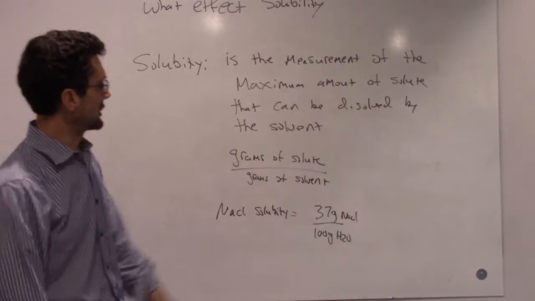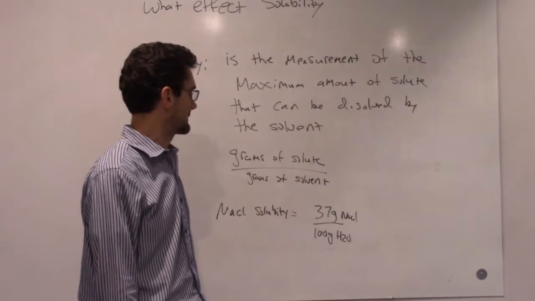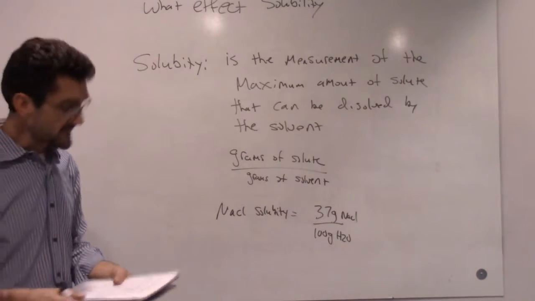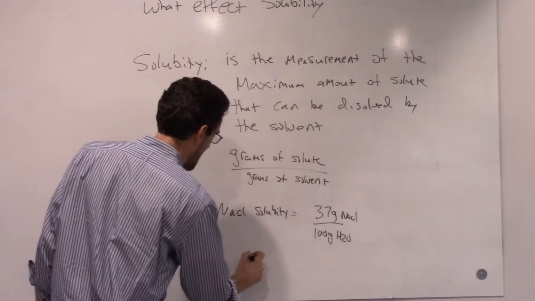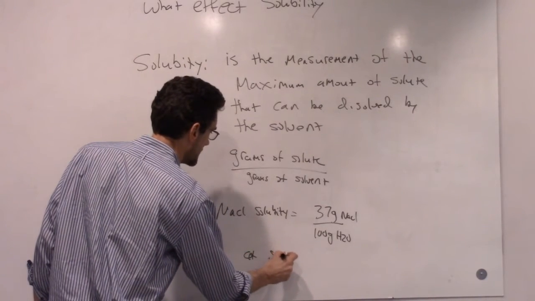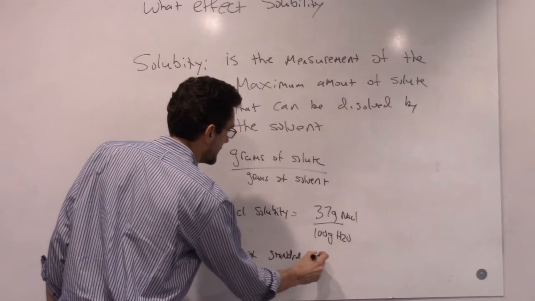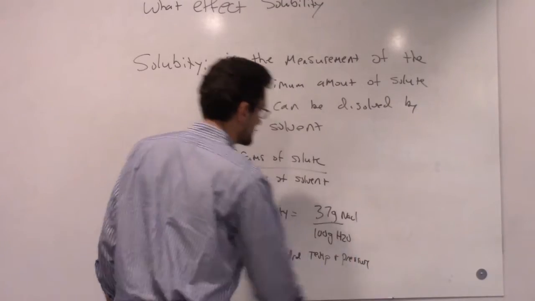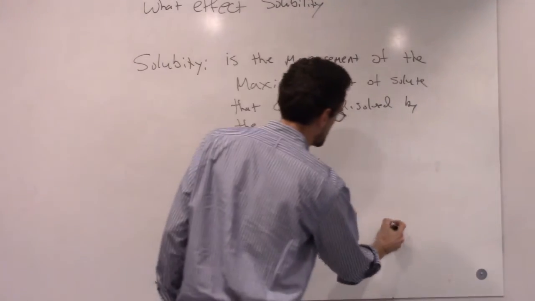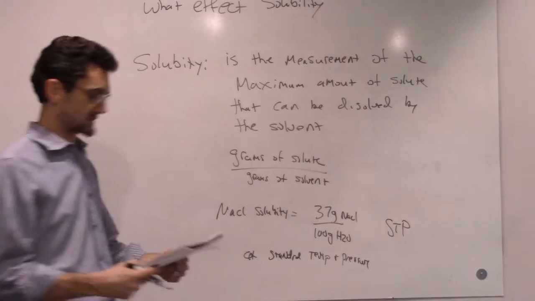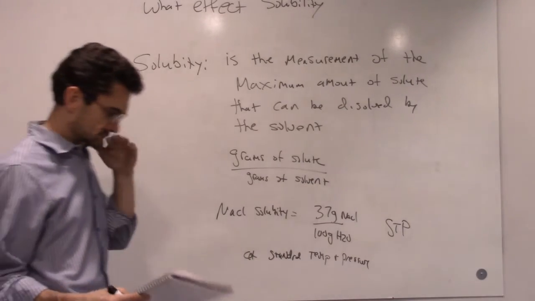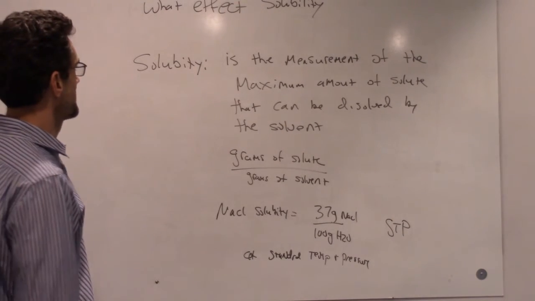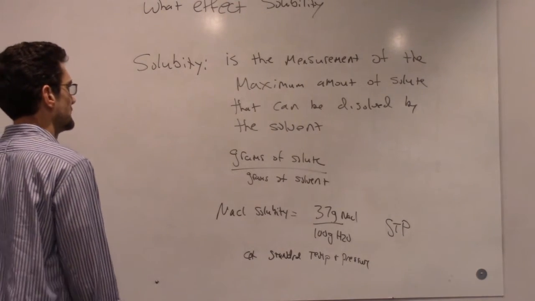So I can dissolve 37 grams of sodium chloride in 100 grams of water. And that's at standard temperature and pressure. STP is often what you see, standard temperature and pressure. Solubility is the measurement of the maximum amount of solute that can be dissolved by the solvent.